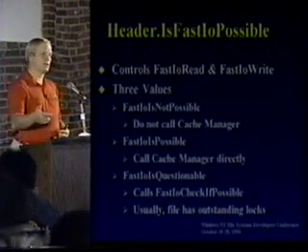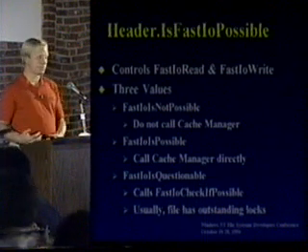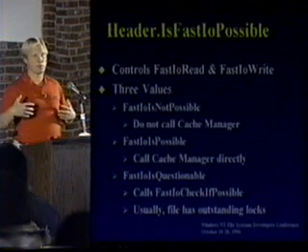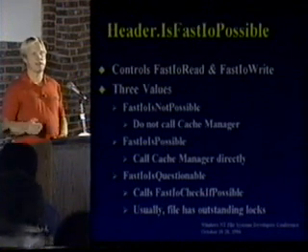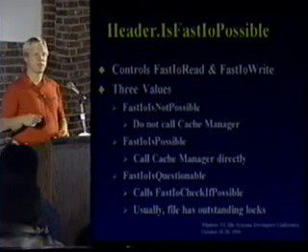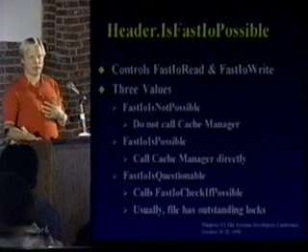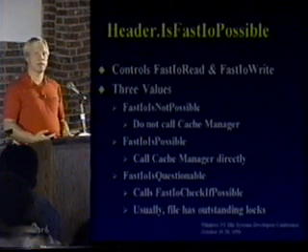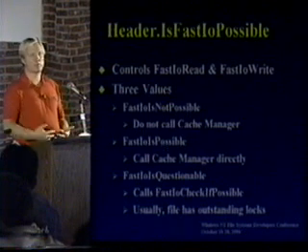Then we call one of the other routines in the FastIO vector, which is check if FastIO is possible, and we say, well, we want to read or write this range of bytes in the file. Is it okay right now? And then we give the file system the ability to return a Boolean answer, okay or not okay. If it's okay, then we proceed and do the FastIO. And if it's not okay, then we generate an IRP and call the file system in the normal manner.